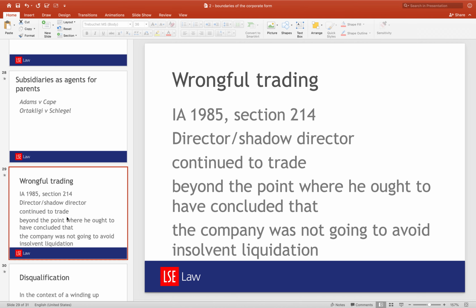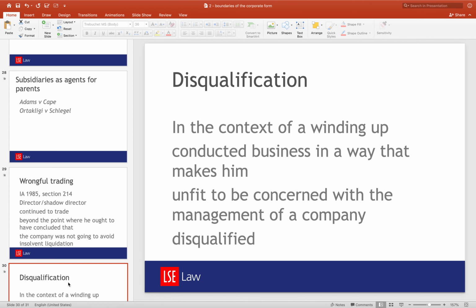Now, then the wrongful trading rules are rules where sometimes a parent company can be liable or a shareholder can be liable because they're a shadow director. And wrongful trading, well, you will have studied now in the context of directors' duties. So here, it's just enough to say that a shadow director can be a shareholder, and then we can establish shareholder liability.